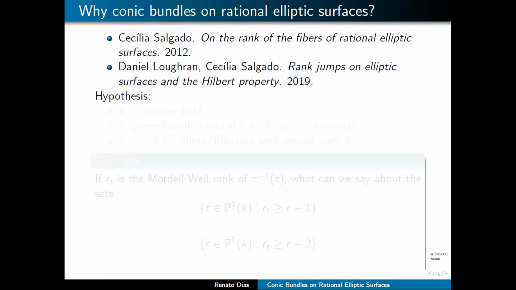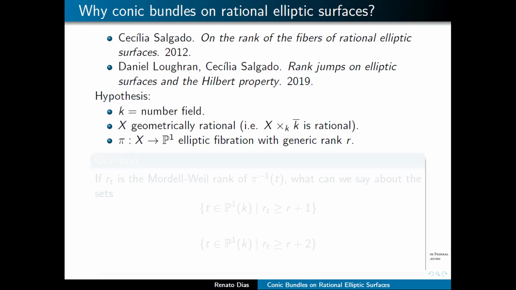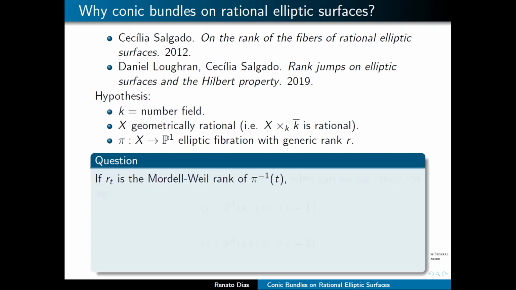So here the hypotheses are that K is a number field, X is geometrically rational, which means X is rational over K bar, and pi is an elliptic fibration with generic rank R. So the question is, if R_t is the Mordell-Weil rank of some fiber, what can we say about the sets where the rank jumps?